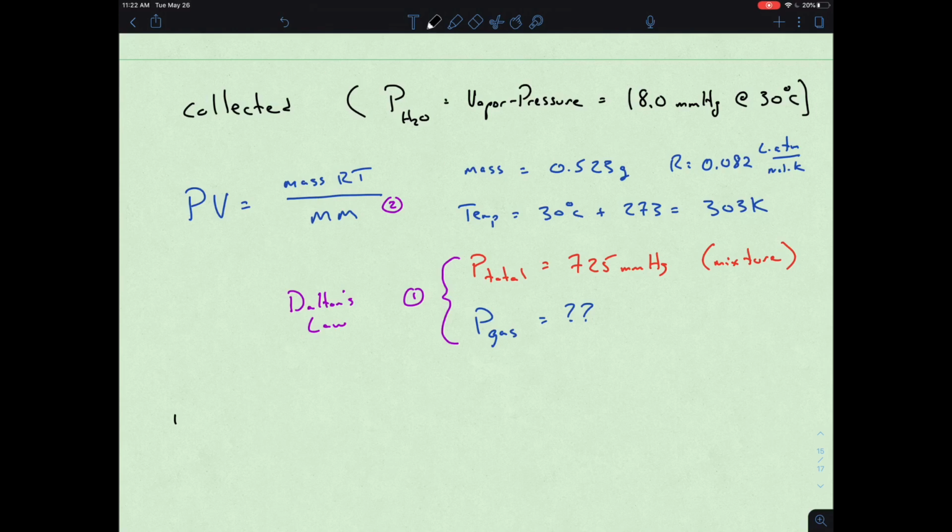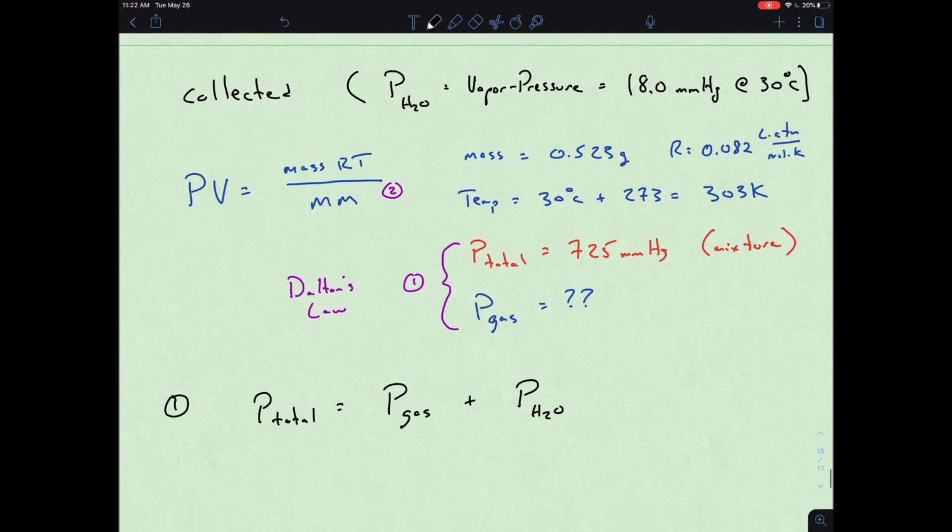So step one is to realize that our pressure total would be the pressure of the gas that we're interested in plus the pressure of the H2O. And we know that value, that was given to us at the very bottom of the question: 18 millimeters of mercury.